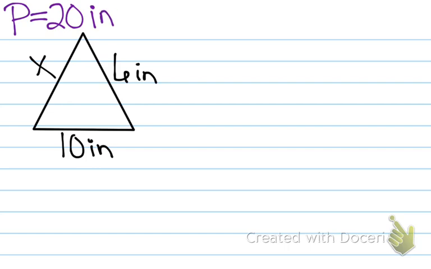Okay. And we also need to know a formula. Does anybody remember the formula for perimeter? Is it 1/2 BH? Nope, perimeter. P equals A plus B plus C. What does that mean? Add all the sides together. So go ahead and make your substitutions now. You know the perimeter. Go ahead and plug in all of your values.